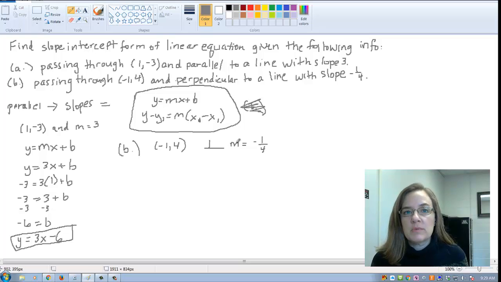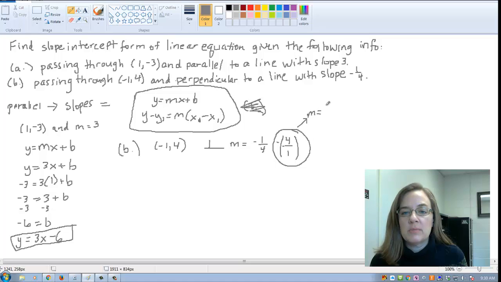Now with perpendicular slopes, this is a little bit different. You have to flip it, and you have to change the sign. So basically our perpendicular slope would be looking something like this. So our m is now going to be just 4. We flip it over and we change the sign.